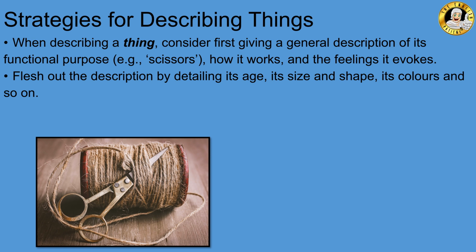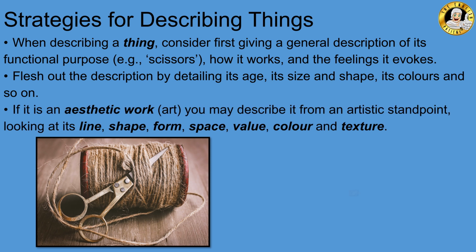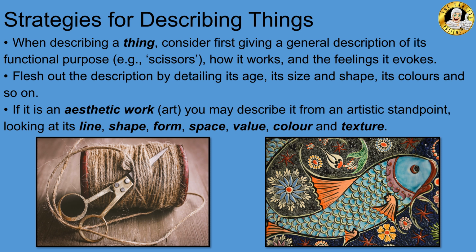You can talk about its age, its size, its shape, its colors, and so on. Now, if it is an aesthetic work, which means artwork of some kind, you may describe it from an artistic standpoint, looking at its artistic aspects, such as its use of line, shape, form, space, value, color, and texture.